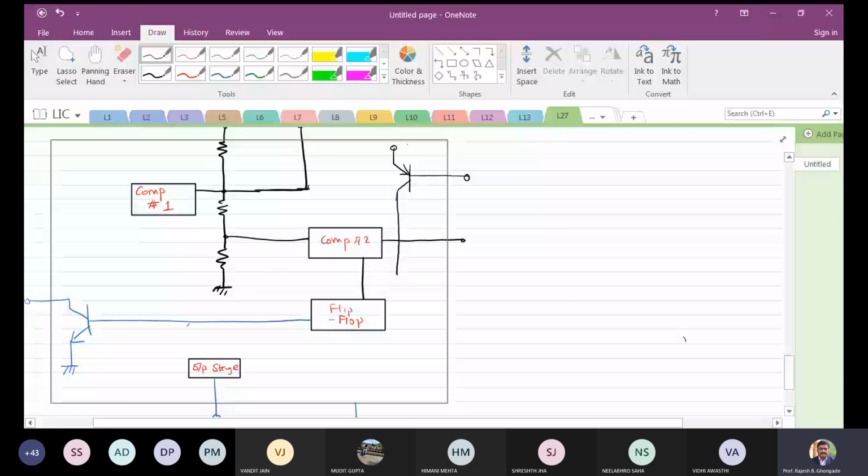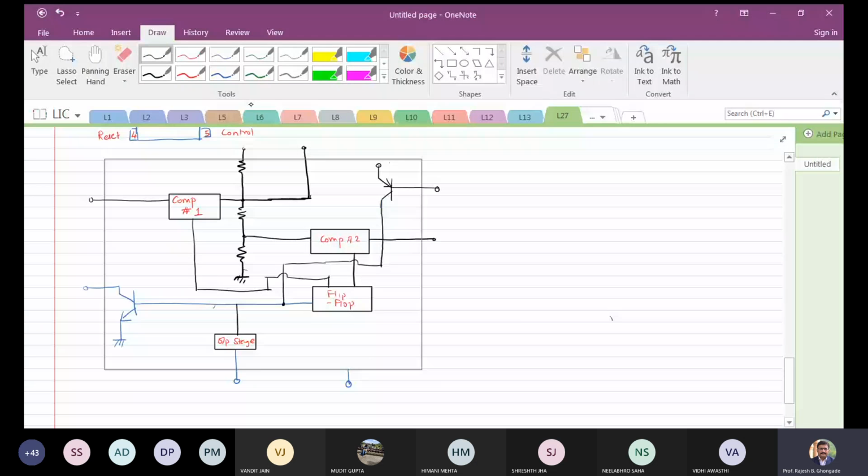This value of resistor here is R. Let us say this is R, all same values.